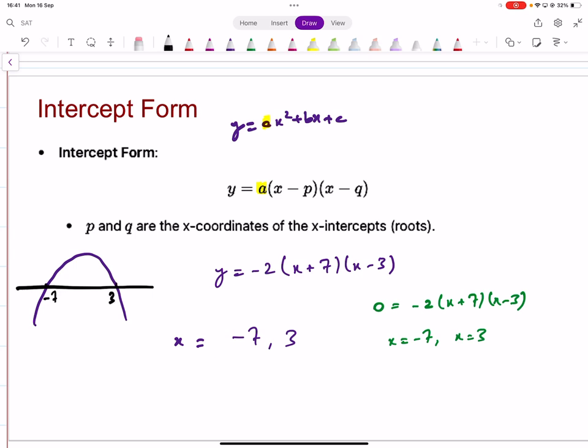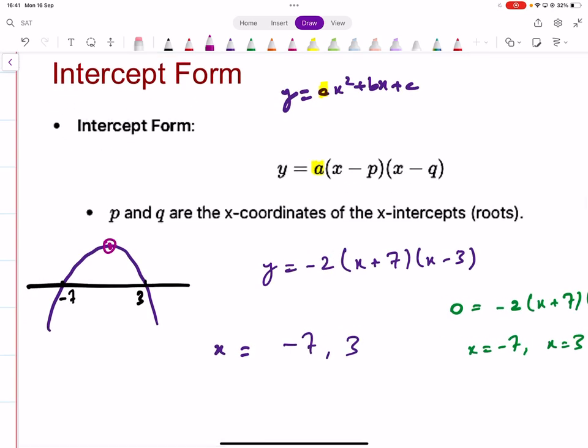Now, since the curve is symmetric, this turning point is going to be in the middle of minus 7 and 3. And that's always going to be true. The x coordinate of the turning point is always the midpoint of the x-intercepts. Okay?